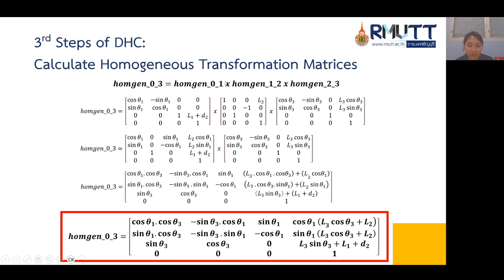And we can calculate the value using the principle of matrix multiplication. We have to multiply every element in the row. For example, for the first row, calculate every element against every element in the first column.